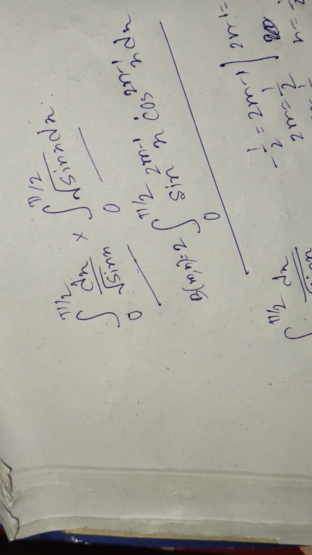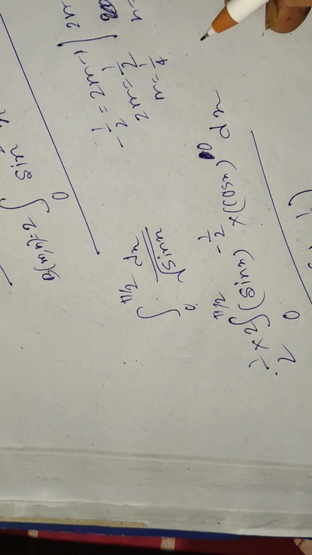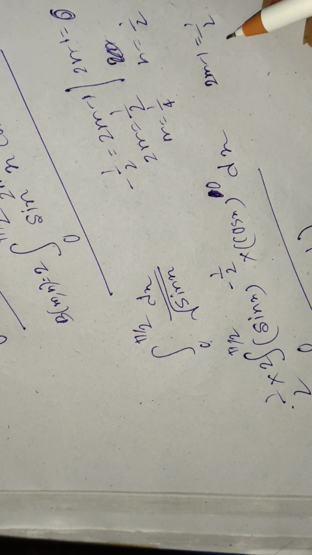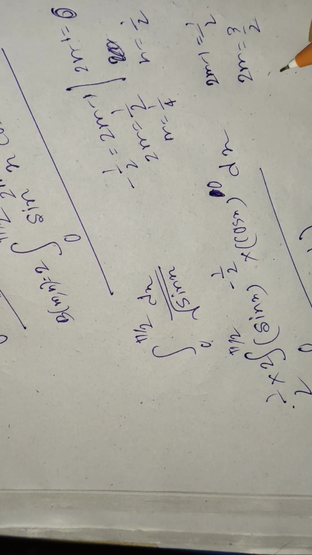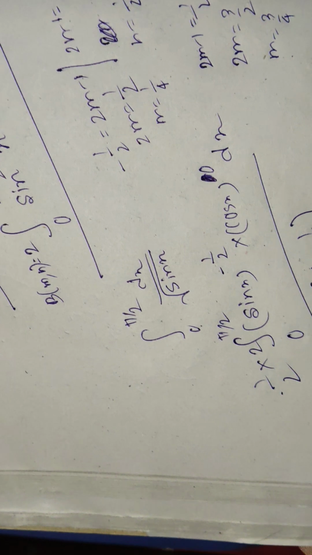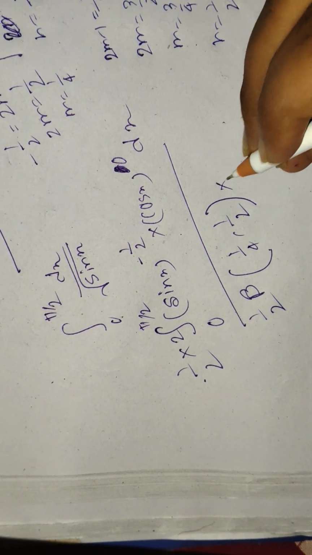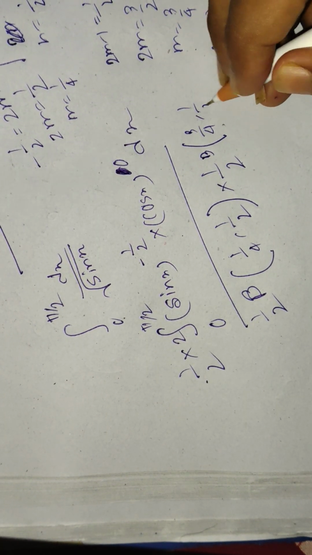Now the value of n will be the same, we have to replace the value of m only. So 2m minus 1 equals half in that case, not minus half. So 2m equals 3 by 2, so m equals 3 by 4. n will be the same, half. So it is half into beta(3 by 4, half).